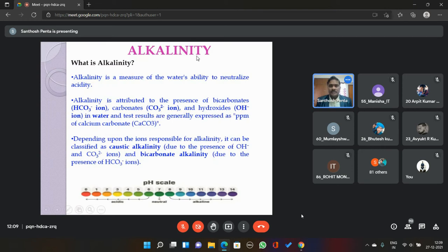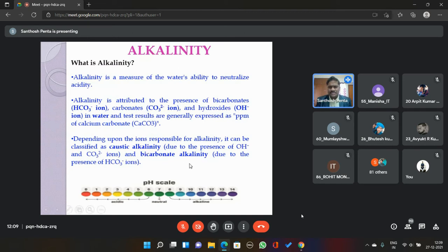There are three types of ions, and these three types of ions are responsible for the alkalinity. Once again, what are those ions? First one, hydroxide ion. Second one, carbonate ion. Third one, bicarbonate ion. Alkalinity is of two types: one is caustic alkalinity, and the second one is not bicarbonate alkalinity, it is temporary alkalinity.